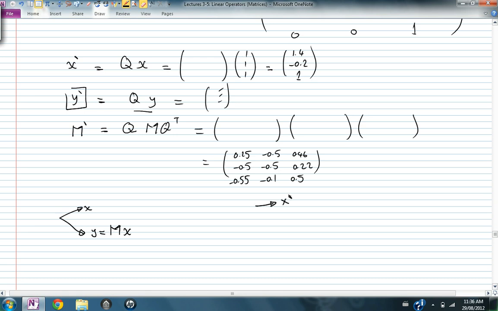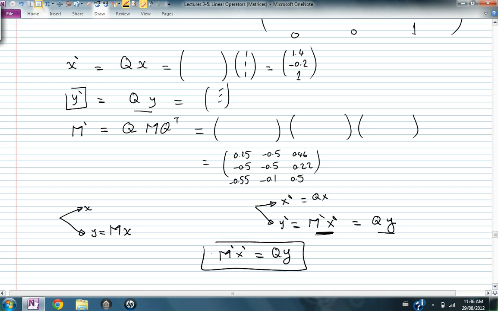If this is x prime in the new coordinate system, y prime is equal to m prime multiplied by x prime, which should also be equal to Q multiplied by y. So you need to verify that whether you use Qy or m prime x prime, you should get the same number. So if I multiply m prime multiplied by x prime, I should get Qy, and indeed this is the case.